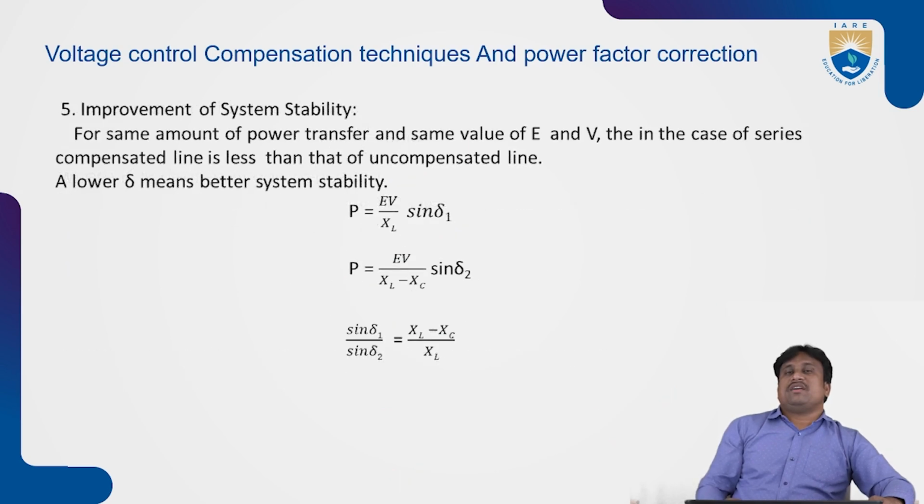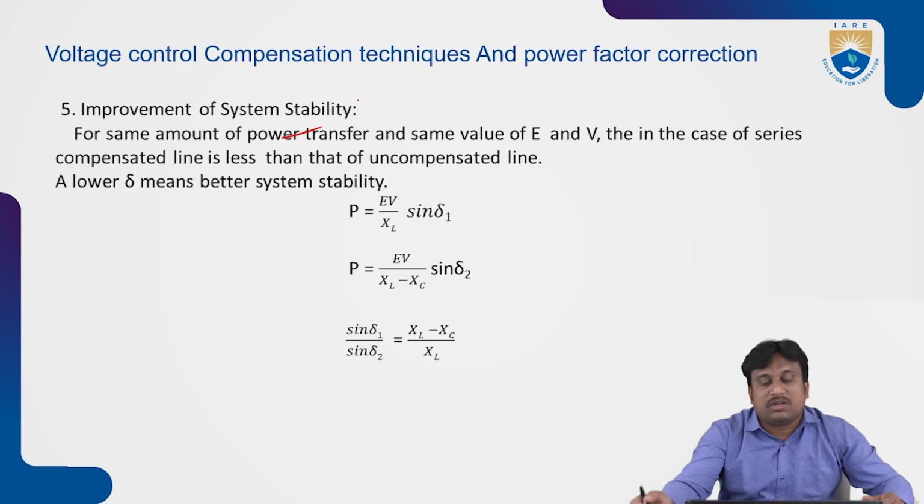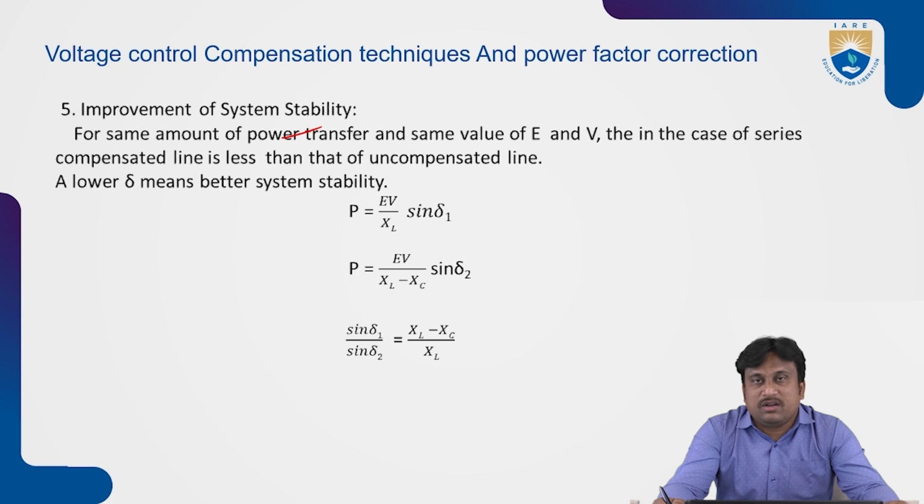Now, how can it influence improvement of system stability? For the same amount of power transfer and the same values of E and V, in the case of series compensated lines, delta will be less than that of uncompensated lines. A lower value of delta means better system stability.